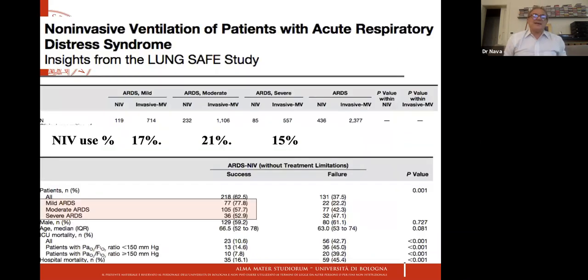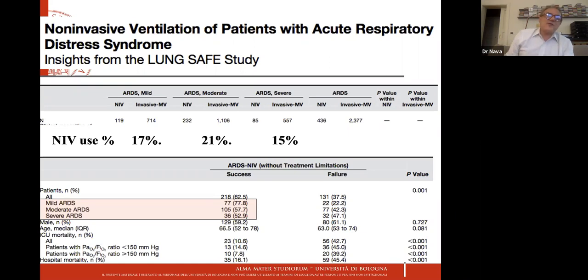Well, let's see what happened in real life. An interesting study by Giacomo Bellani and co-workers inside the LUNG SAFE study. You know for sure the LUNG SAFE study published in JAMA, and this was a subgroup analysis on patients with acute respiratory distress syndrome ventilated with NIV.